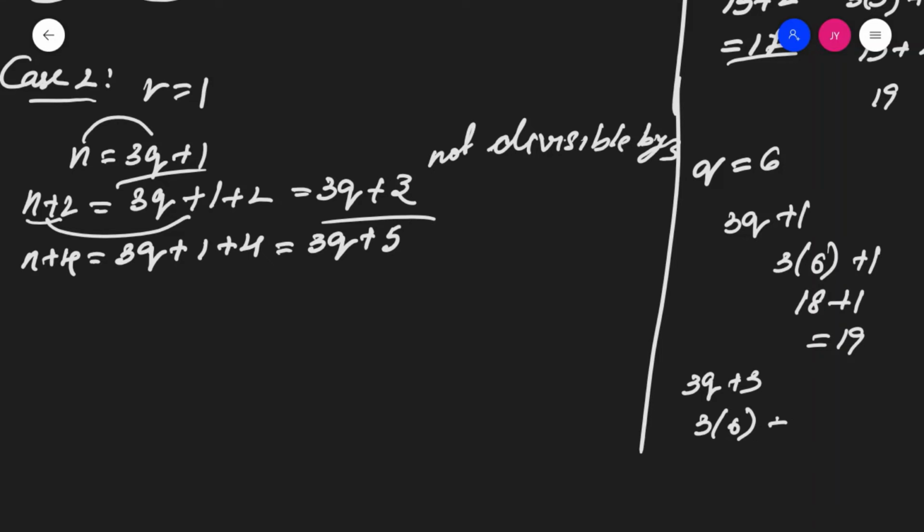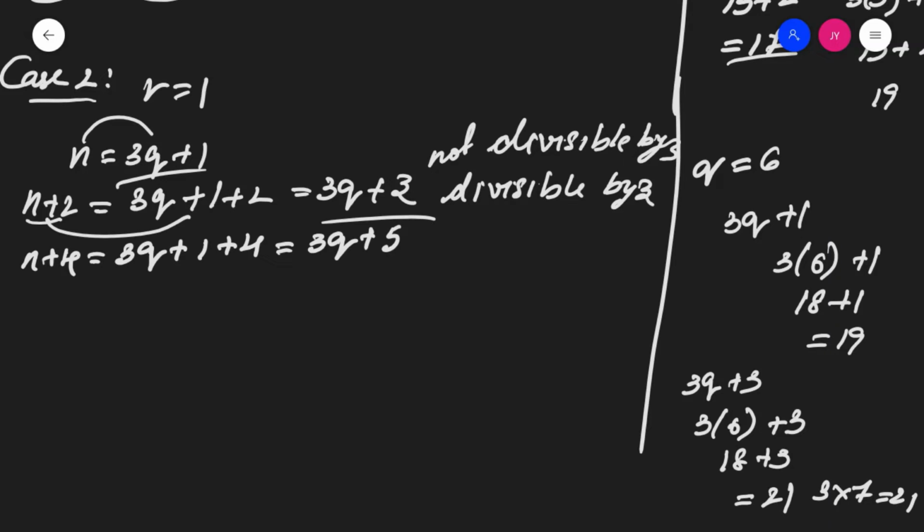Next one, 3q plus 3. 3 into 6 plus 3. 3 sixes are 18 plus 3, that is 21. Is 21 divisible by 3? Yes, 3 sevens are 21. So 3q plus 3 is divisible by 3.